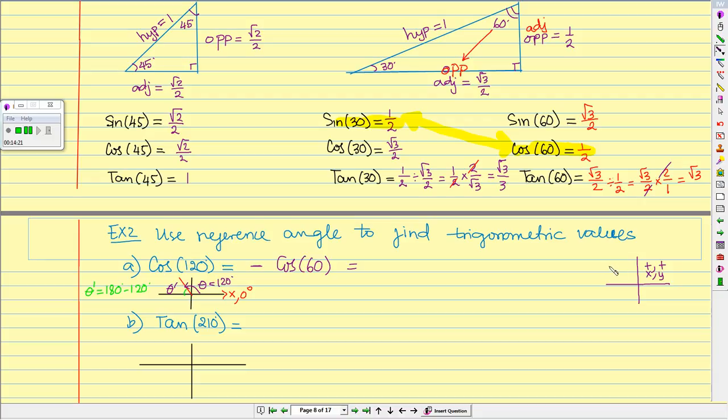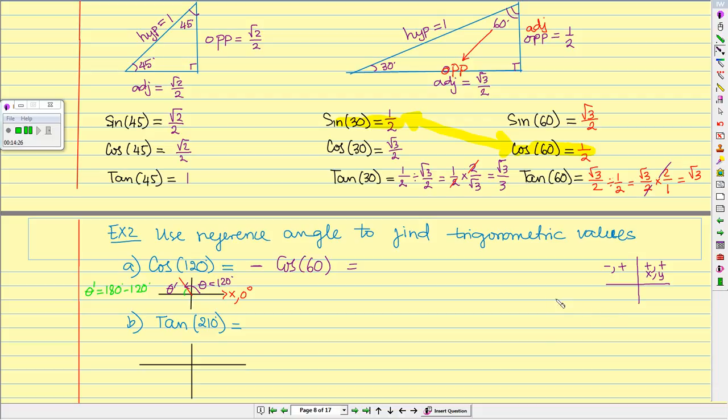In quadrant number 2, your x will be negative, your y is positive. So if I look at my right triangle, my cosine of 60 degrees in quadrant number 2 will be my x, which is the adjacent.